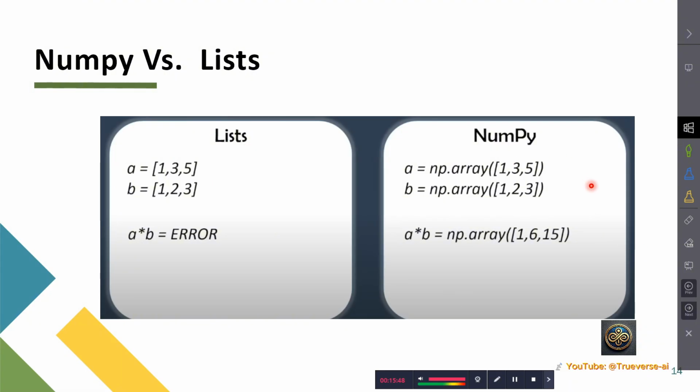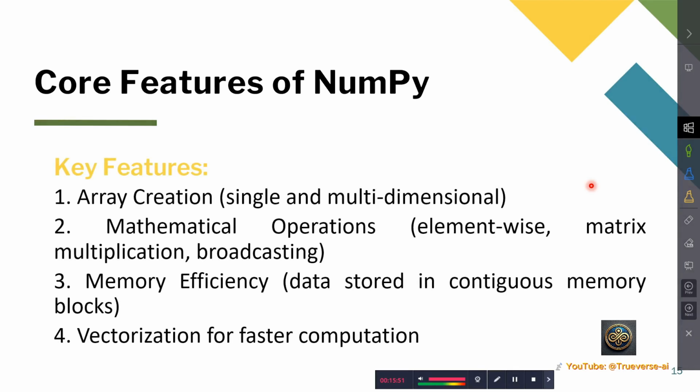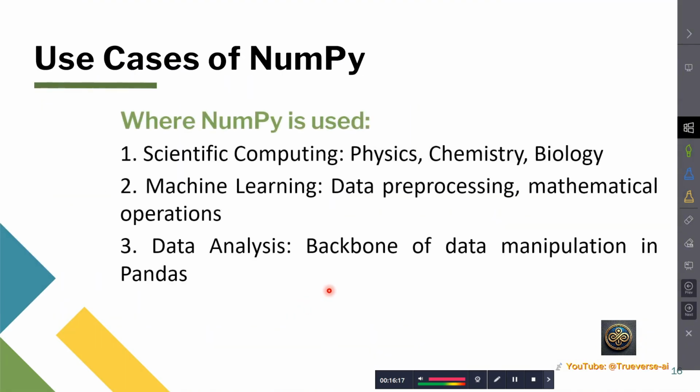Let's continue. As I mentioned, NumPy gives array creation, single and multi-dimensional, and mathematical operations easily, efficient through memory management. Vectorization makes faster computation possible for NumPy. Use cases include scientific computation, machine learning, and data analysis. The backbone of data manipulation in Pandas is NumPy.